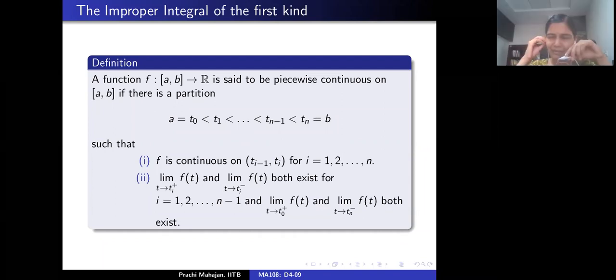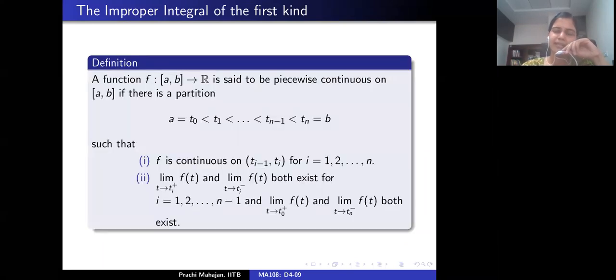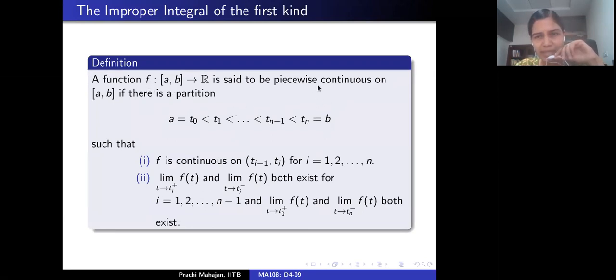See, why are we looking at piecewise continuous functions? Because we want to integrate, right? If we start with a piecewise continuous function, then they are known to be integrable.